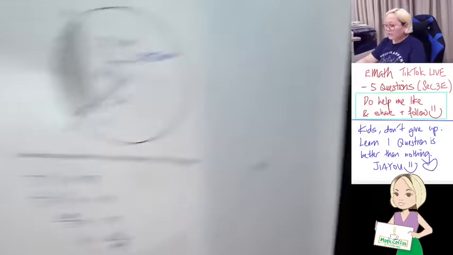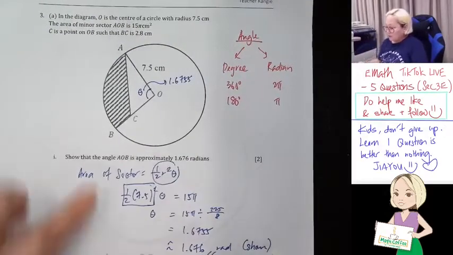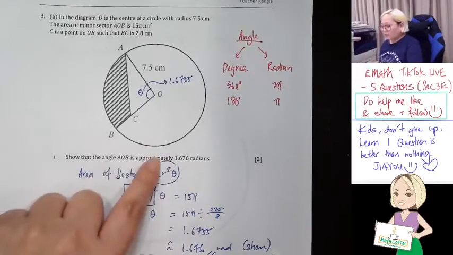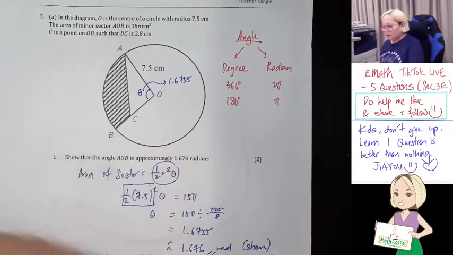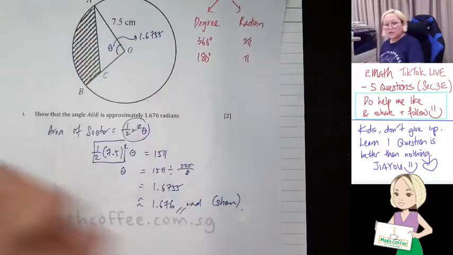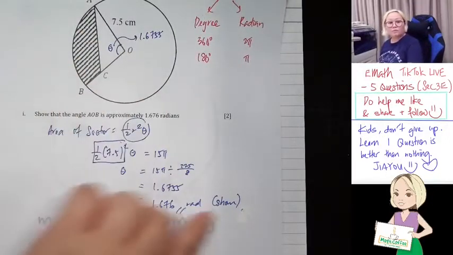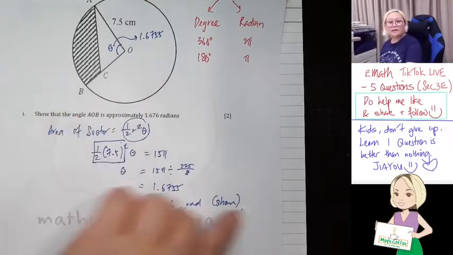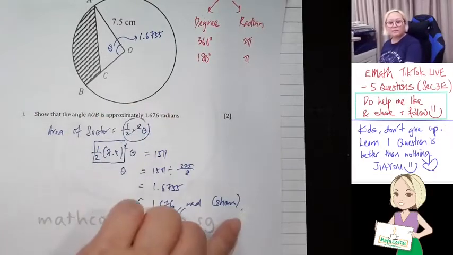Although this question asks you to find this in radian, for this calculation you don't have to be in radian mode, because there is no sine, cosine, tangent in this working.